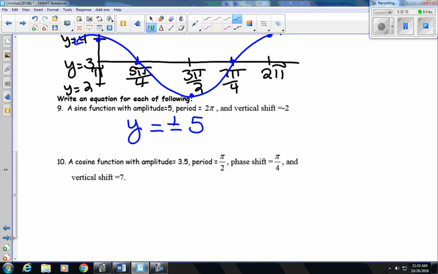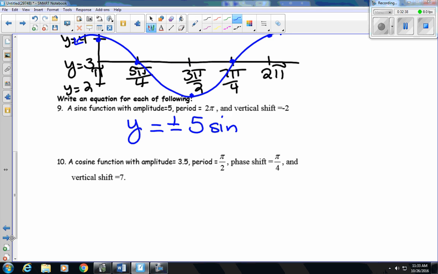Then we use the trig word, sine. You would be surprised at how many people don't get that credit. They forget to put the trig word in there. Use your trig word. You can use whatever angle notation you want to: x, t, alpha, gamma, beta, whatever. Let's talk about whether or not we need parentheses. Do we have a phase shift?